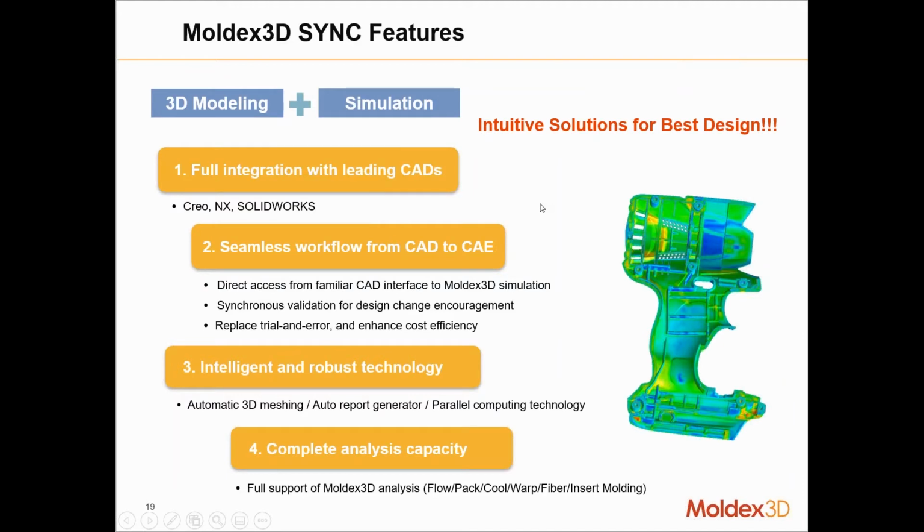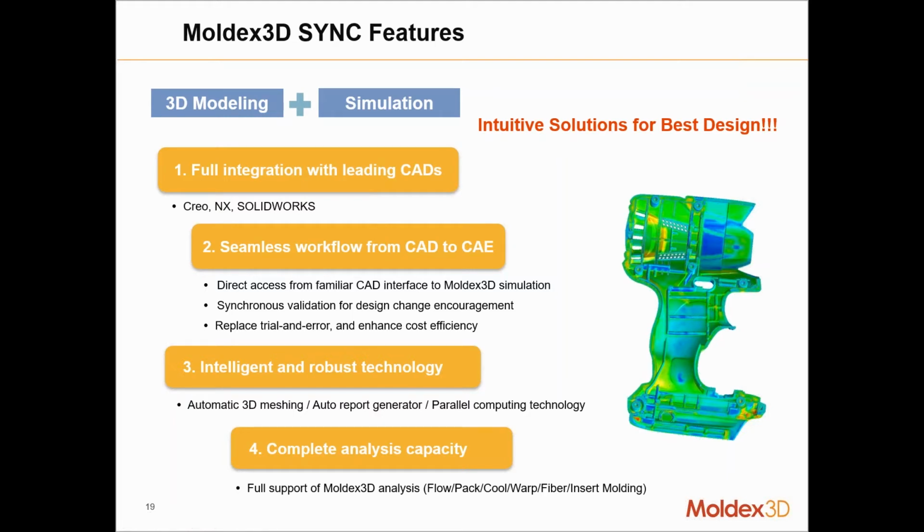This Sync module is integrated with Creo PTC, NX, and SolidWorks. So CAD designers are able to make design changes when they are starting to design the parts. And based on Sync, we are able to generate automatic mesh and also generate reports automatically. And we also support parallel computing.